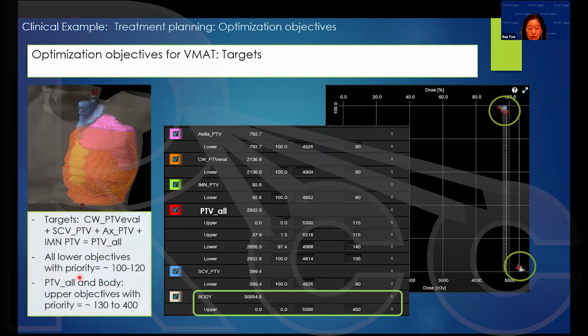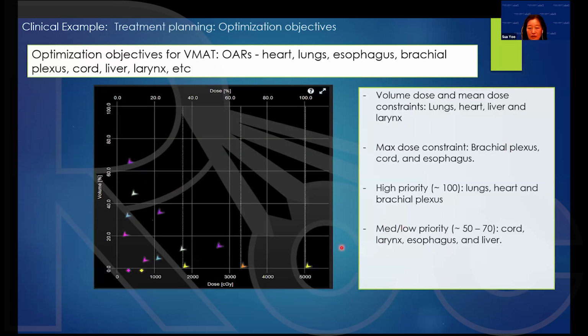In our institution, for the target for breast, we put about maybe 120 to 150 level or 100 to 120 and put some low constraint and upper constraint. And for the body, for the area of more than 110%, you can put very high priority for the upper constraint, which limits the maximum hotspot. It worked pretty well. So those are the target constraints.